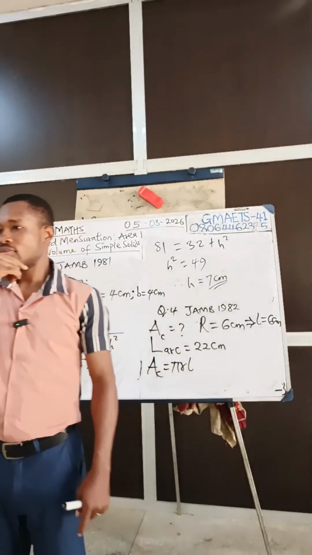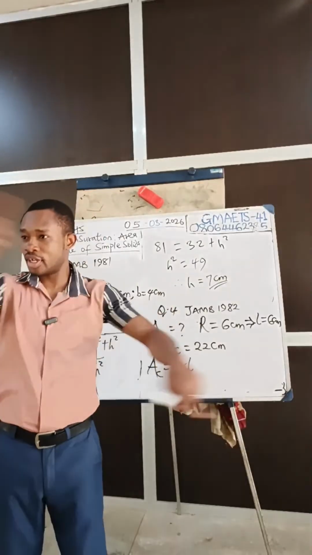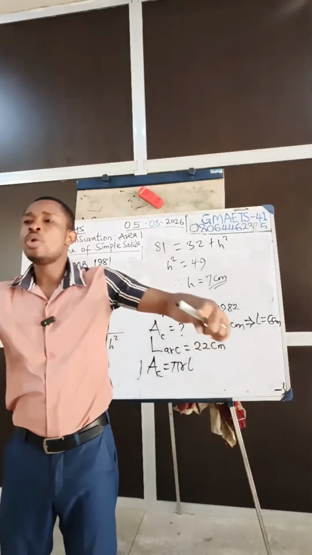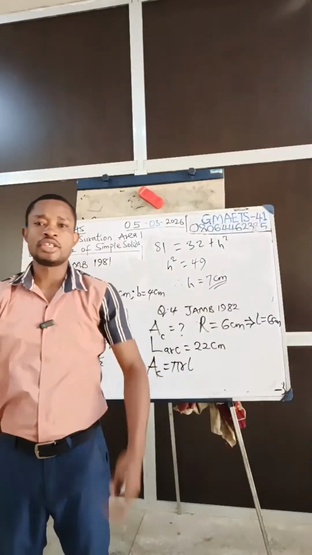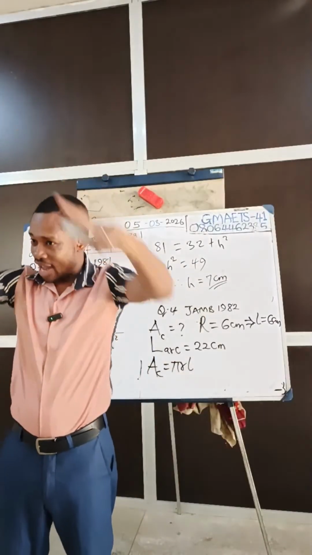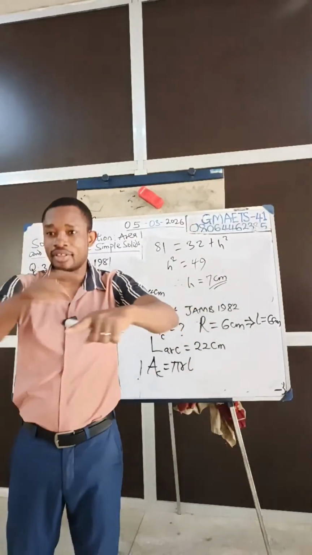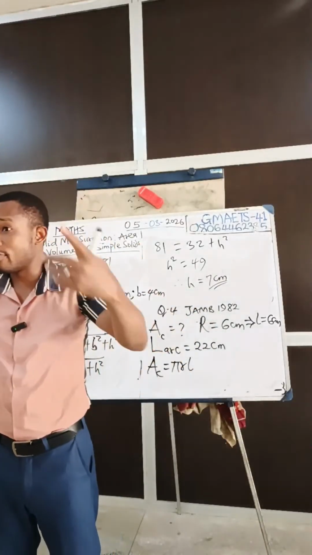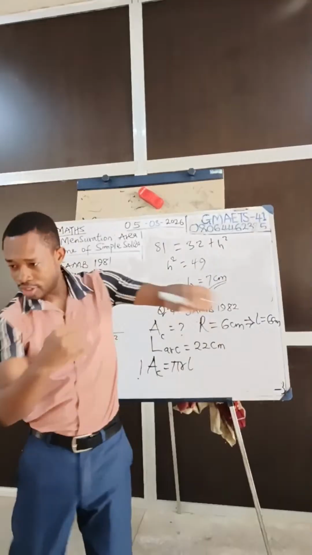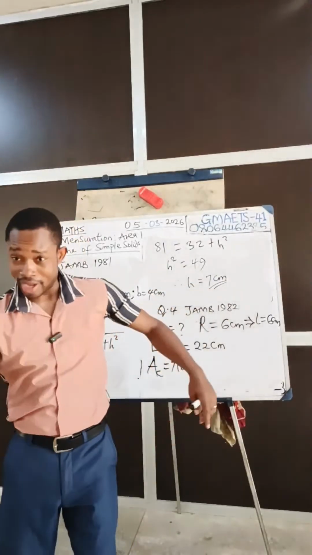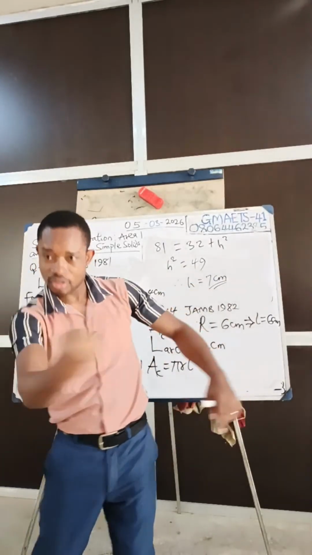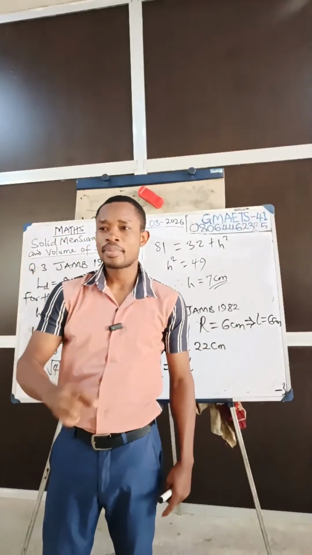Question. You have a cone, something like this. Which part of the cone do you get your radius from? You know, a cone is made up of something like a triangle, those slant height, and then something like this. So which part do you get your radius from? Is it this part or this part? This part, is that not so? This shape is a circle.